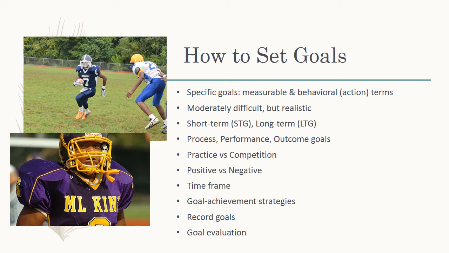Ideally, goals will be in a positive frame versus negative. For example, a positive goal might be to conduct a task in the correct manner. A negative goal would be to not perform an error on a specific task. Ideally, you will frame a goal in a positive frame or mindset.